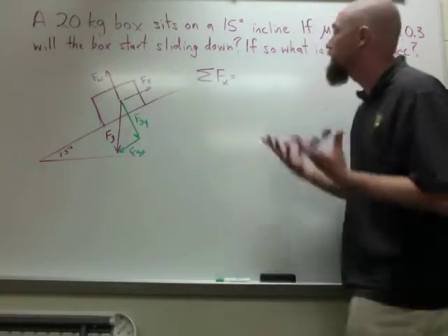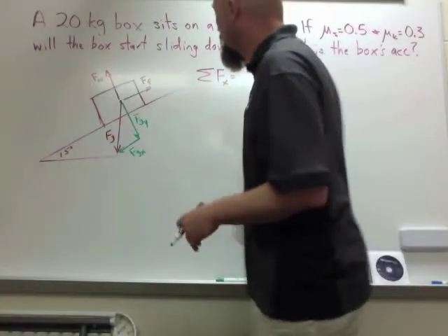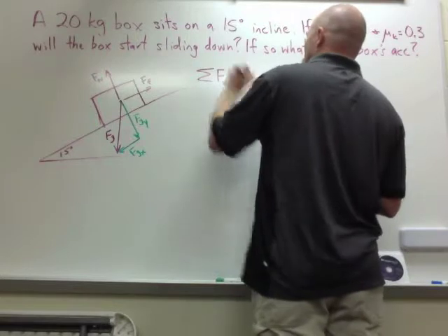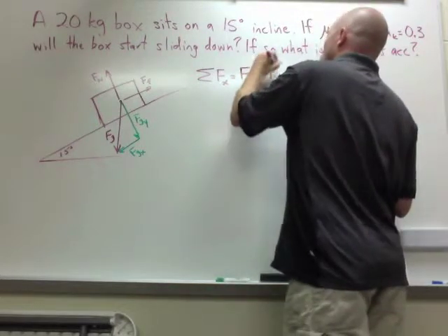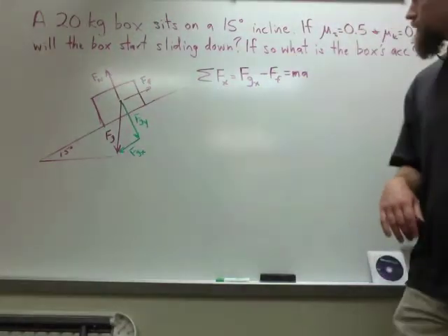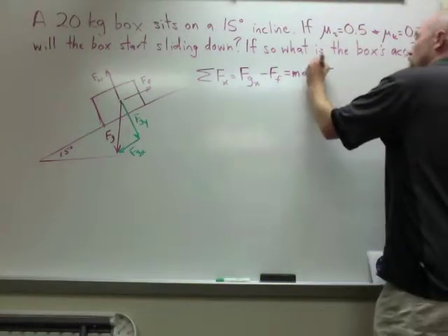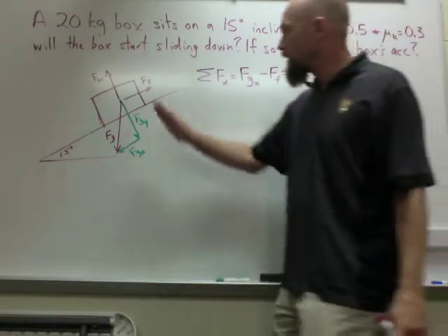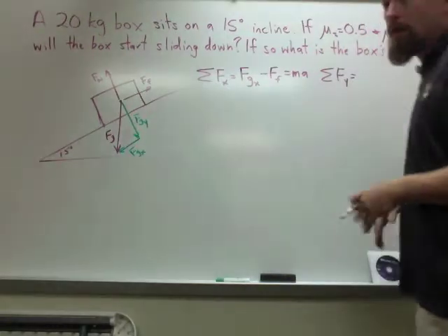If you guess wrong, your acceleration at the end is going to be negative. I'm going to guess this minus this. So I'm going to go FGX minus FF, and then that would be equal to MA. And then my sum of Fy is going to be, I'll go with this minus this. It doesn't really matter.